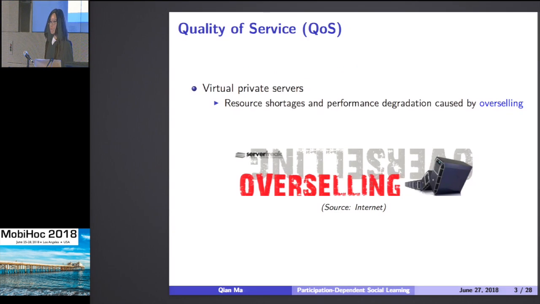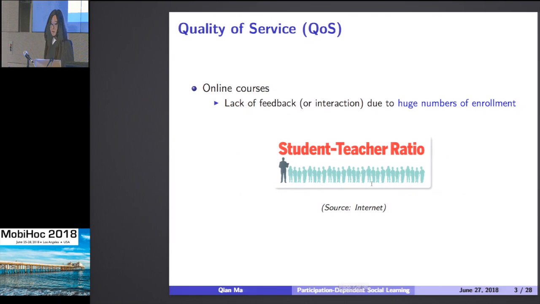QoS has different physical meanings for different applications. For example, for virtual private servers, many people may suffer from resource shortages and performance degradation caused by overselling. For online courses, many people may experience lack of interactions or feedback with teachers due to huge numbers of enrollment.